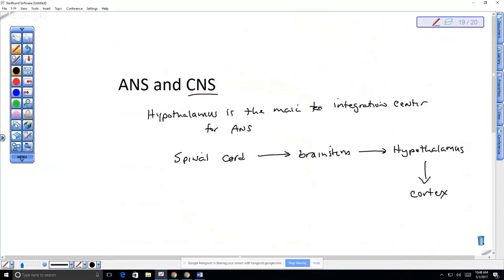That's a pathway that the spinal nerves at least travel. And so the cortex has some ability to affect the autonomic nervous system. This is sometimes referred to as biofeedback. So through biofeedback, the cortex can gain some control.